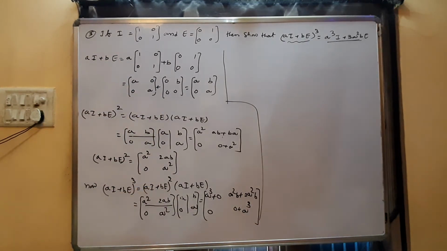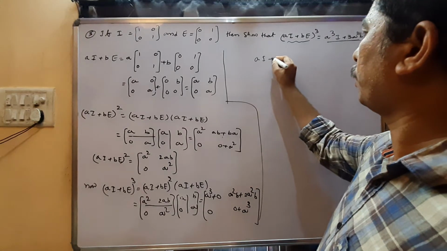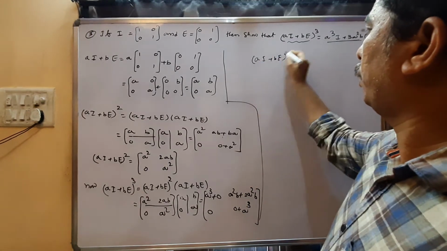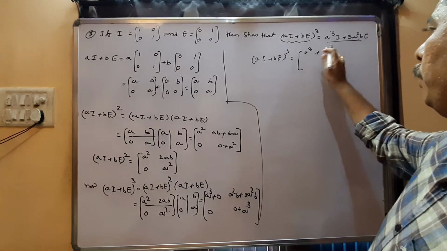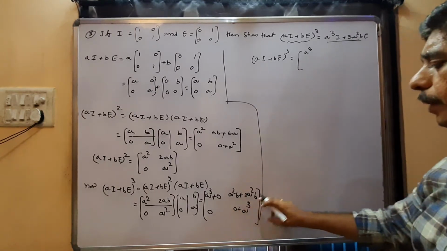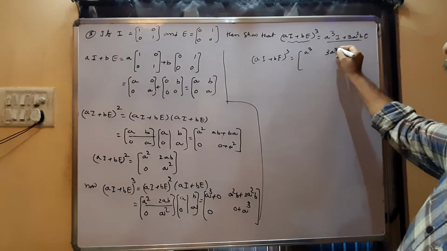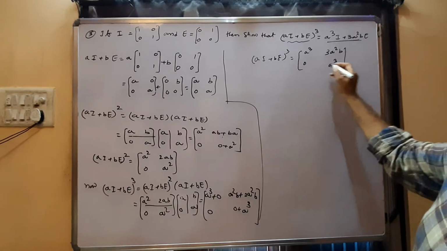So (AI + BE) whole cube is A cube, A square B plus 2A square B, that is 3A square B, 0, A cube. This is the LHS value.